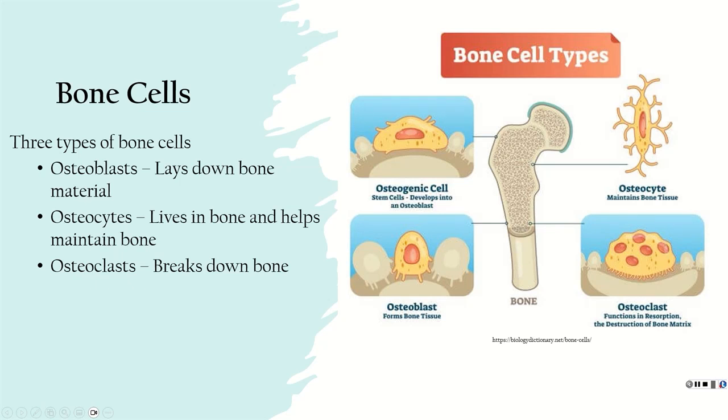The important thing to note here is osteoblasts come from a bone stem cell lineage, versus osteoclasts actually come from the hematopoietic stem cell lineage, which is our blood cells. So they come from two different families per se, but are involved in maintaining proper bone health.